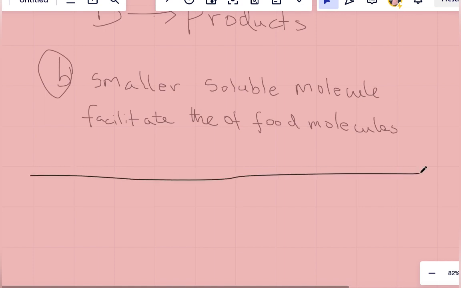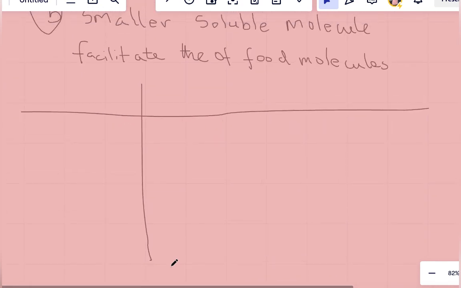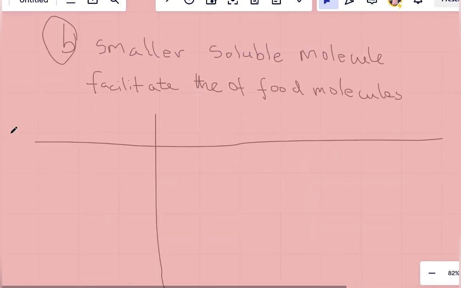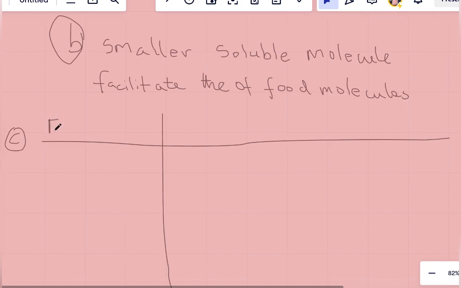So we make a table. We just show the functions. This is question C. They give us the function, but we're not going to write the function because it's a lot. We'll just read the functions from the question paper.